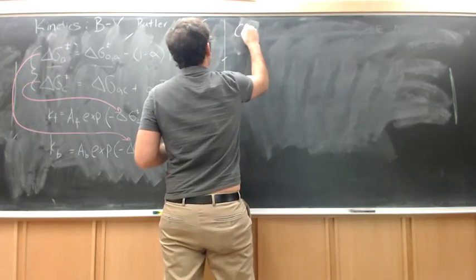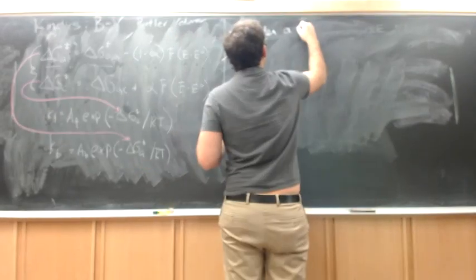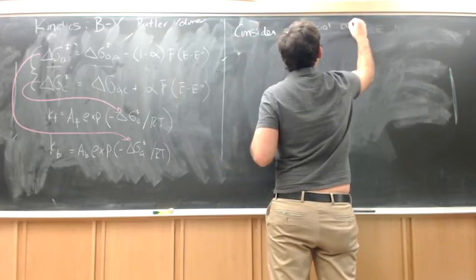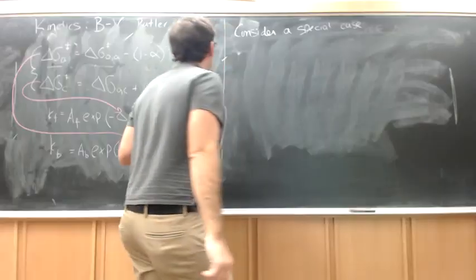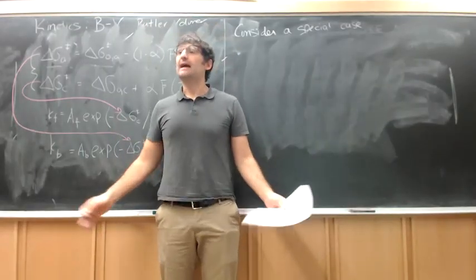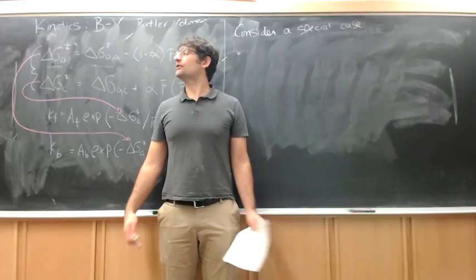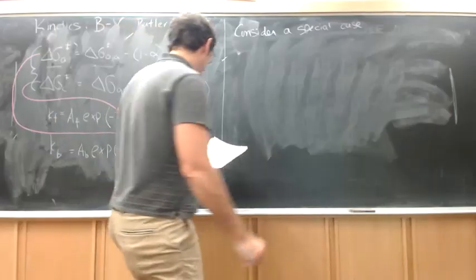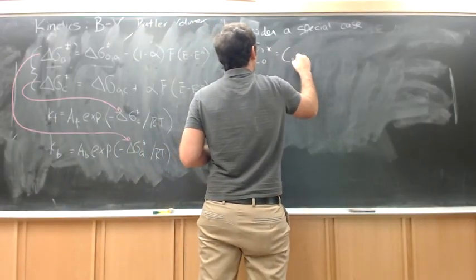So let's consider a special case, a reference case that we kind of started with, and we're going to use that to derive some standard parameters that we can use to compare kinetics of different reactions, okay? So let's imagine CO star equals CR star.